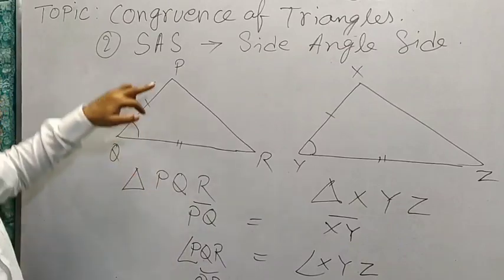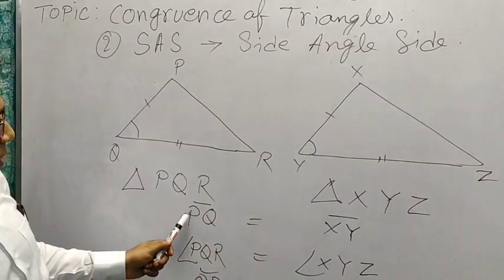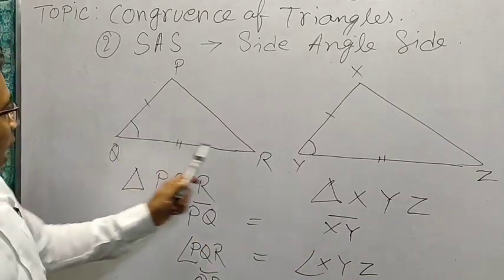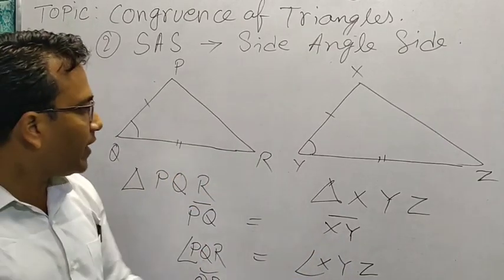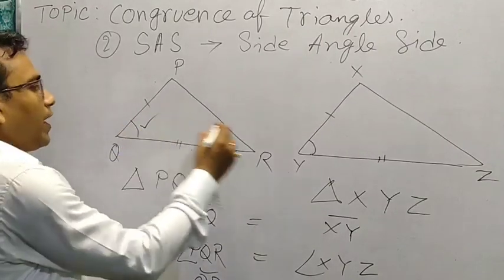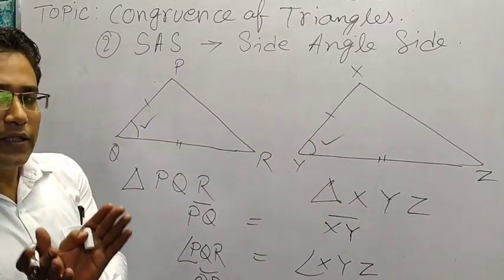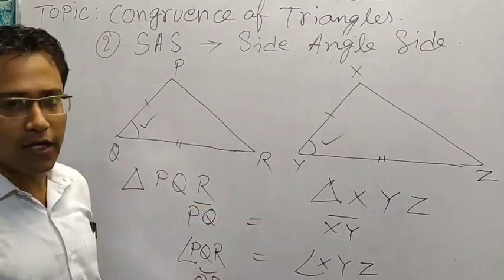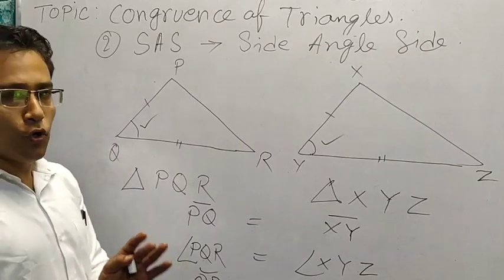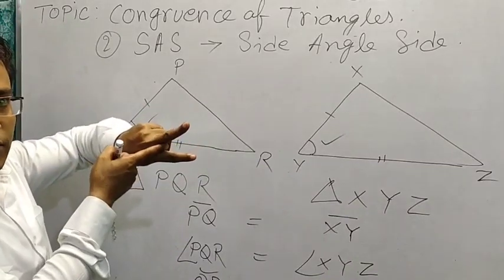So if we compare in these triangles, side PQ is equal to XY, QR is equal to YZ, and the angle included between these two sides. The angle must be included between the sides we are showing here. Whenever we compare, we have to know that the angle must be included between the corresponding two sides.